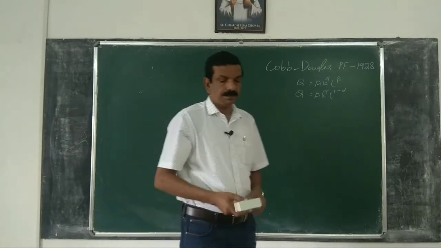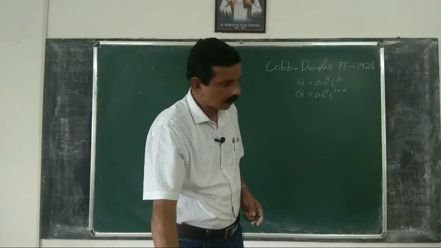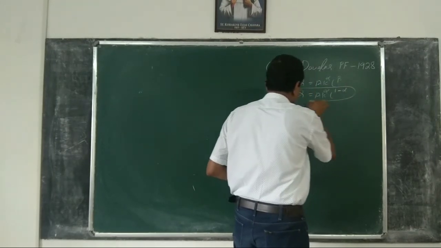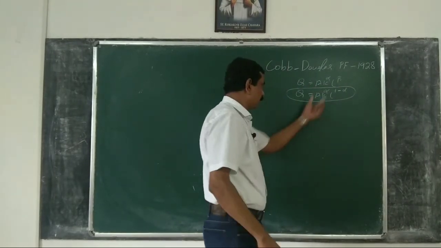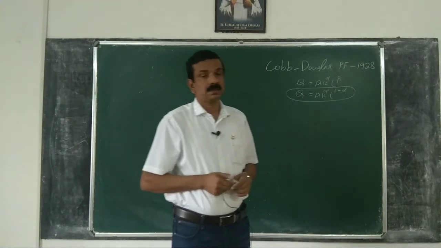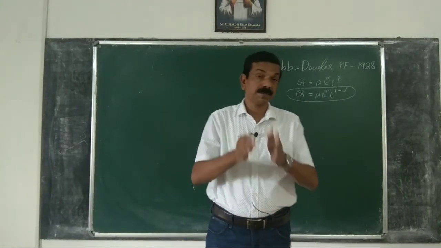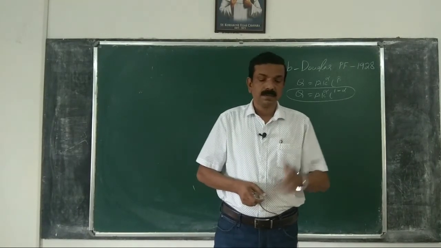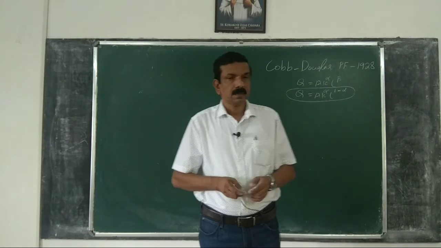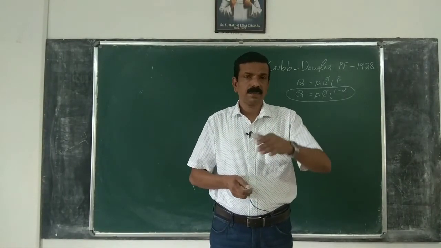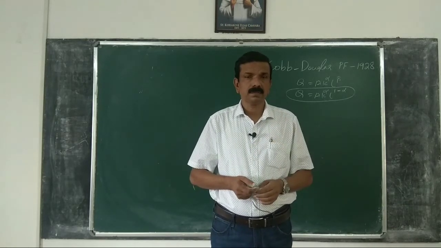Now, we consider 4 properties specific to strict Cobb Douglas production function. The first one is a strict Cobb Douglas production function in which alpha plus beta is equal to 1.